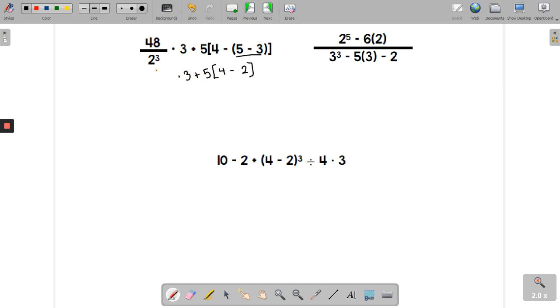And then we have 48 over 2 to the third. So we can go on and simplify 2 to the third. And 2 to the third is 8. And then we still have more in our parentheses here. So we're going to do 4 minus 2, and that gives us 2. And then we're going to bring down everything else.